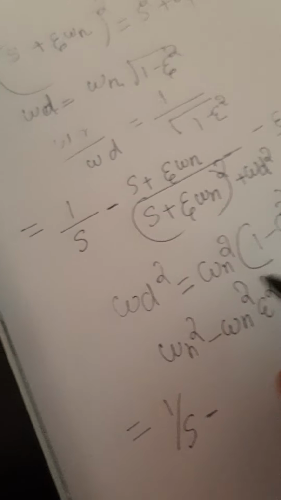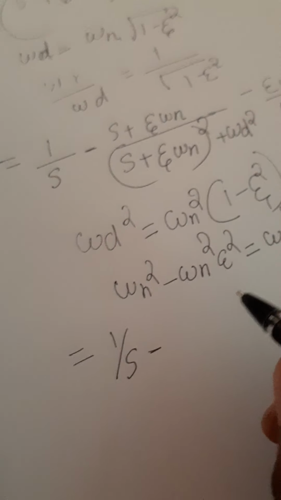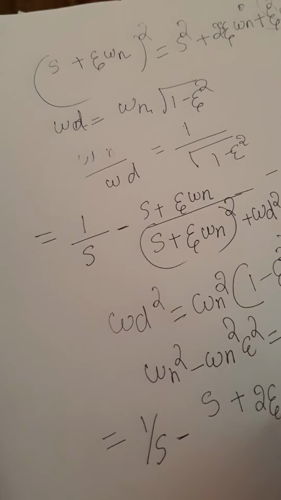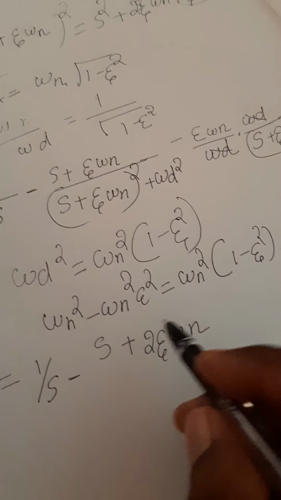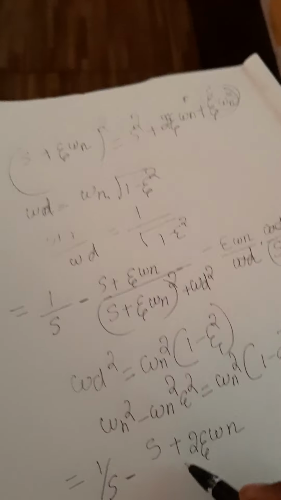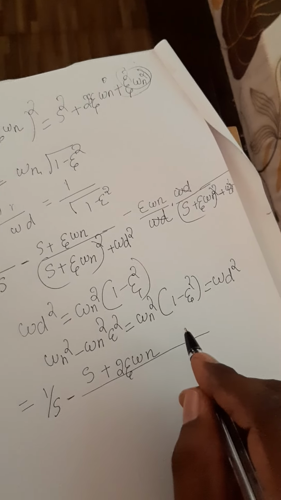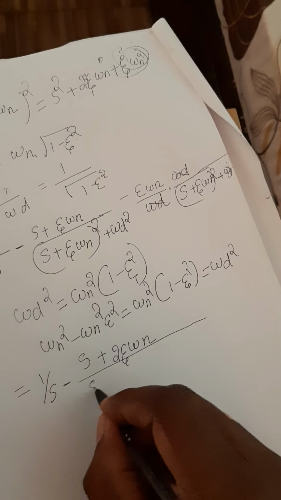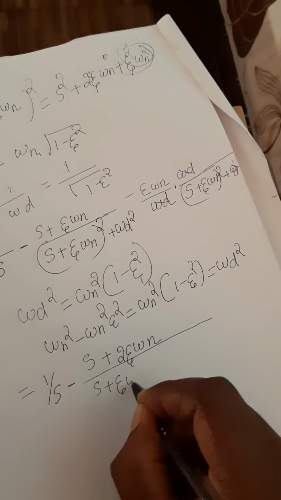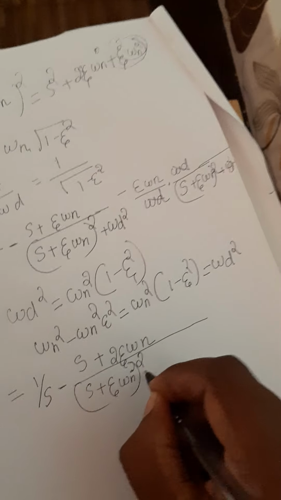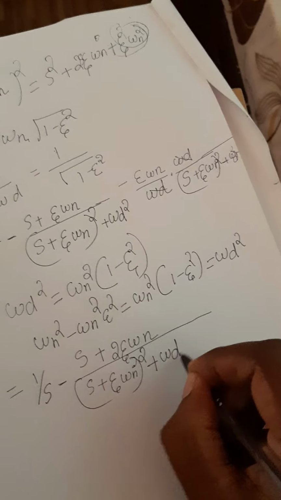Okay, so 1 by s minus (s plus 2 psi omega n) divided by ((s plus psi omega n) all square plus omega d square).